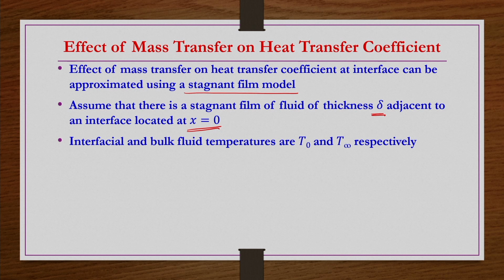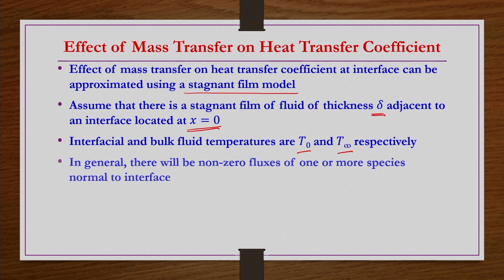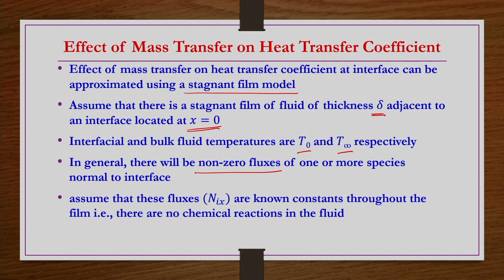Interfacial and bulk fluid temperatures, T naught and T infinity respectively, are known. That is, at x equals 0, T naught, and at x equals delta, T infinity. In general, there will be non-zero fluxes of one or more species normal to the interface. Assume that these fluxes Nix are known constants.